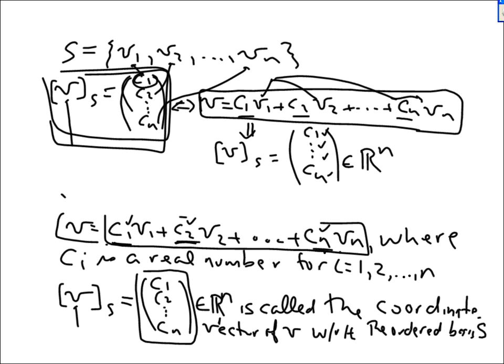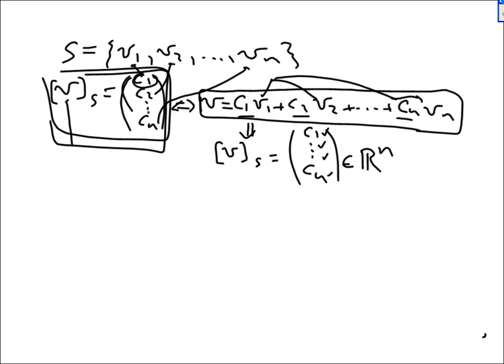Now, what if we have a different basis for V, and this new basis is just the reordering of the old basis S. Remember, S was v1, v2 up to vn.